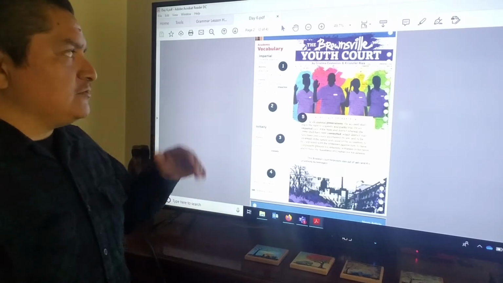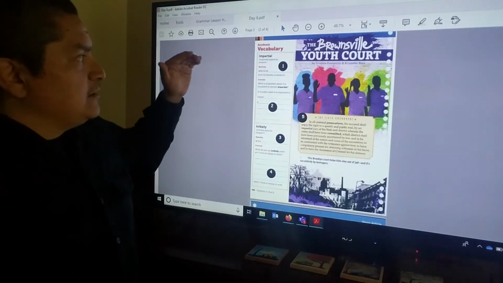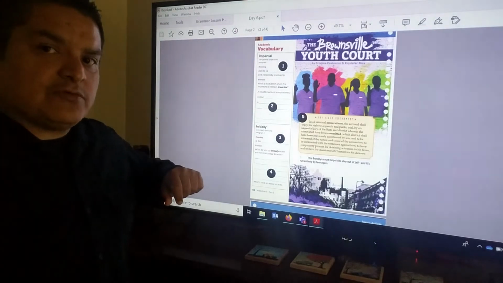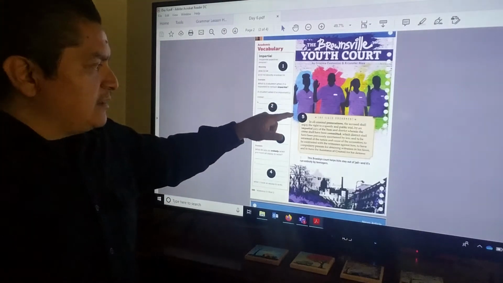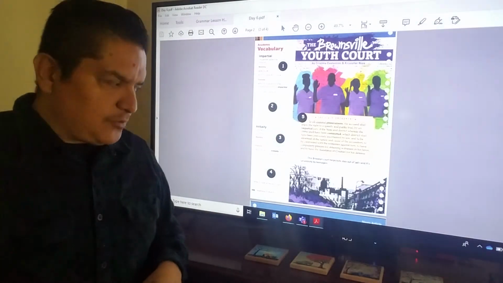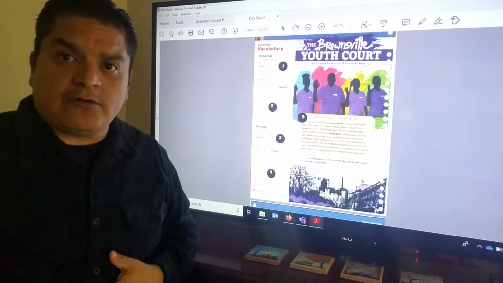And so this article is basically about that. But once again, don't forget, you have to write down the word, the definition, and then the example in your Google Doc. And then right here where it says number 5, you are obviously reading the article. Okay? So I'm going to go ahead and read it out loud to you.